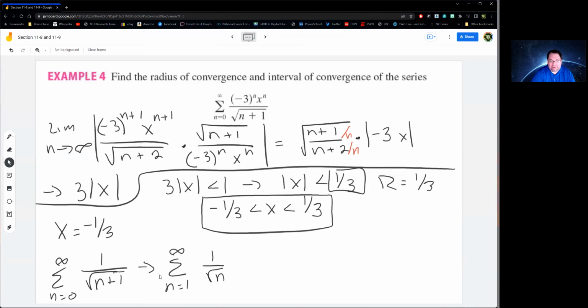is this series and this series going to give you the exact same thing? Yes, because if I plug in a 0 there, I get the square root of 1. If I plug in a 1 there, I get the square root of 1. So these two series give you the exact same thing.